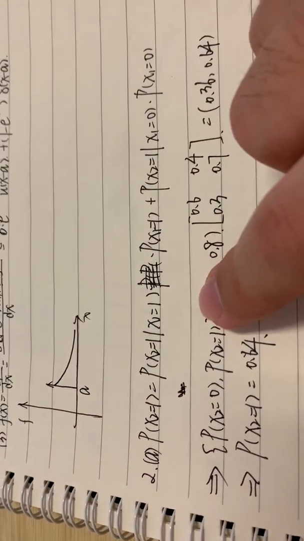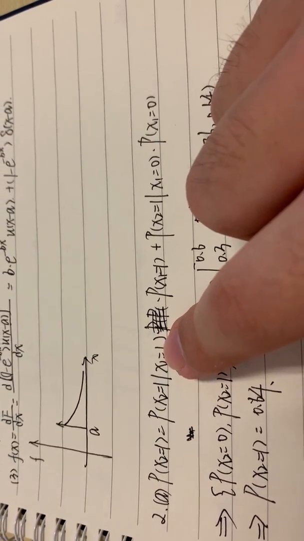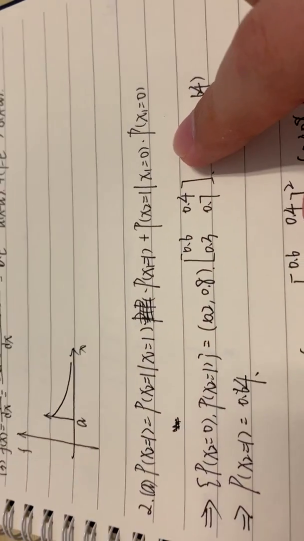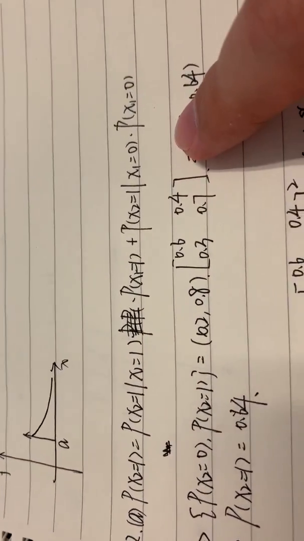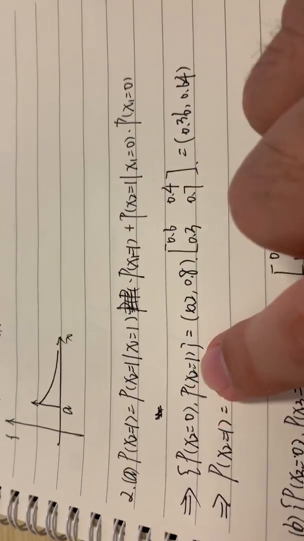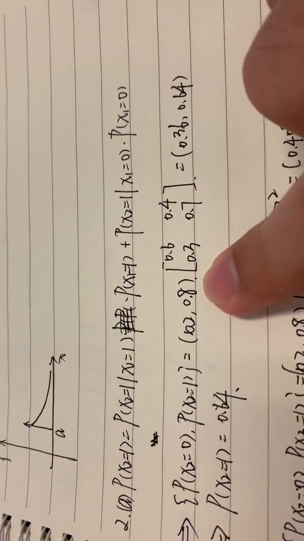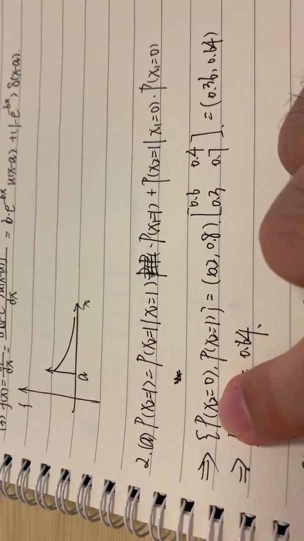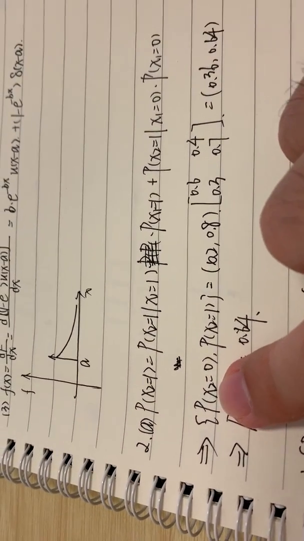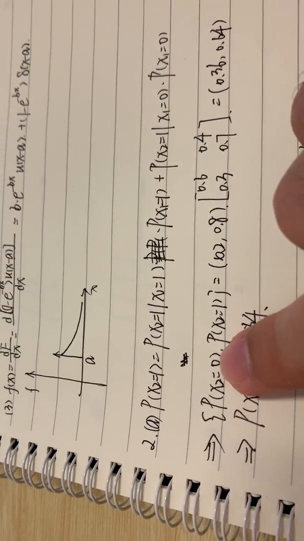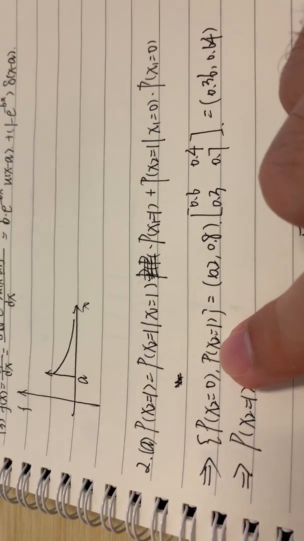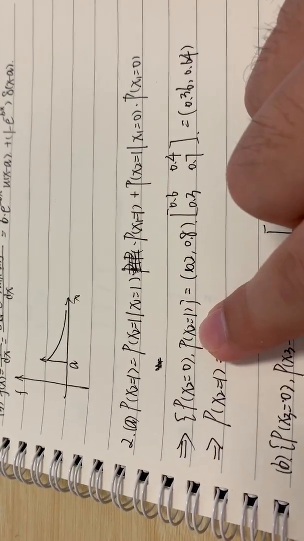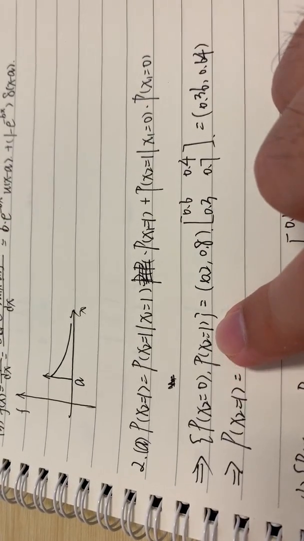However, to keep this solution simple for the B, C, D questions, we can write it down in the form of a vector and a matrix. So we can find that there's a vector where the first element is P(x2 equals 0), and the second element is P(x2 equals 1).